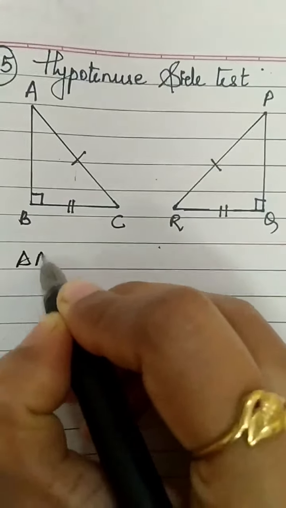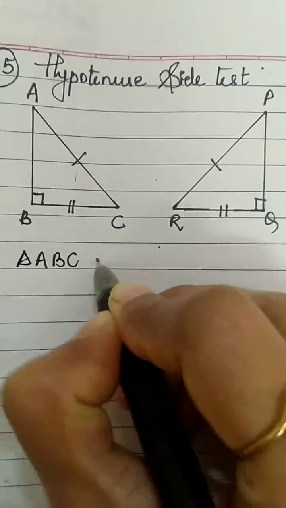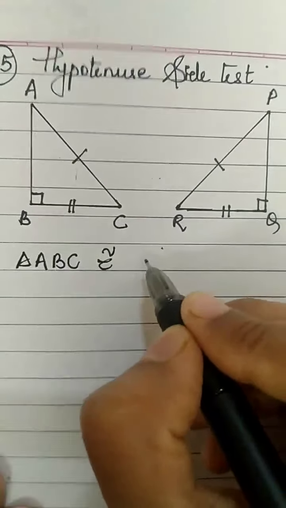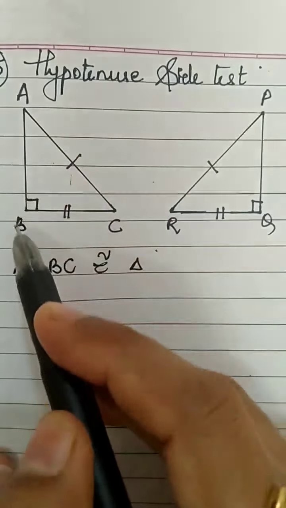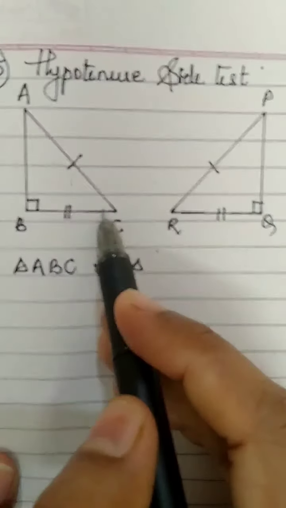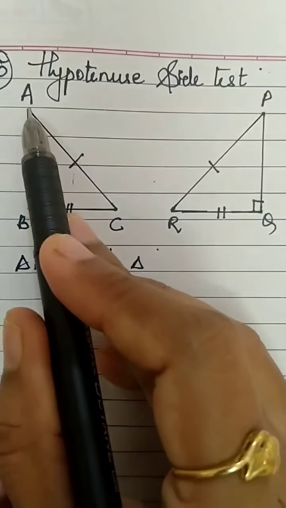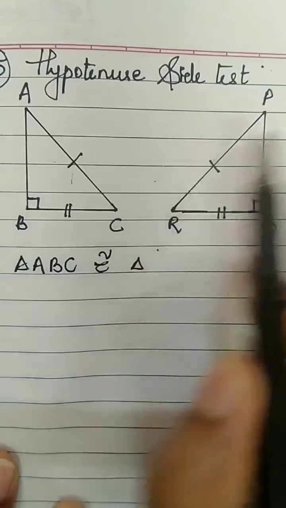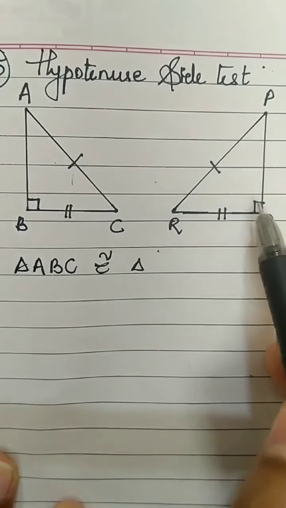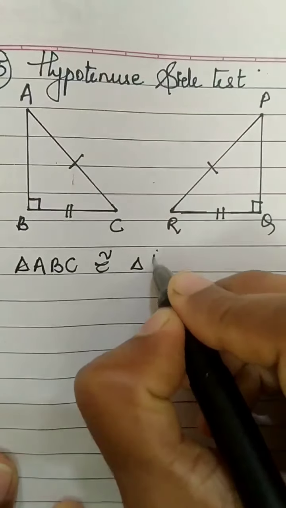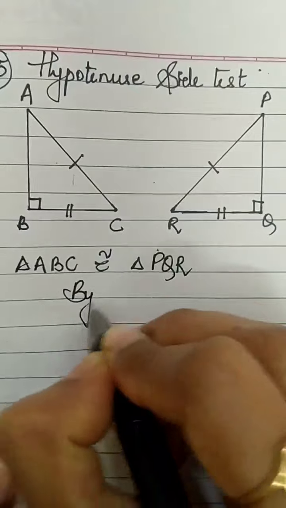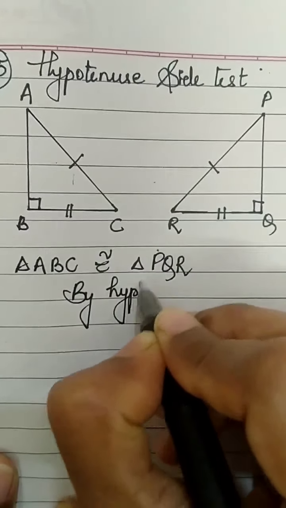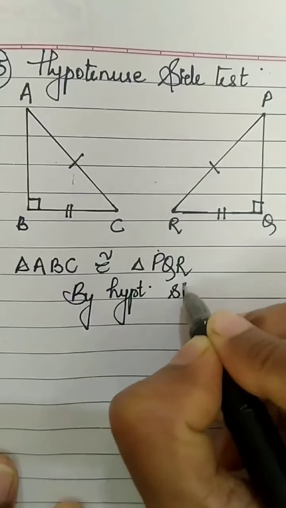So I'll write triangle ABC congruent to triangle PQR. How did I name? Nothing marked to 90 degree and double marked. ABC, nothing marked side to double marked. Same way, nothing marked to double marked. That is PQR. Triangle PQR by hypotenuse side test.